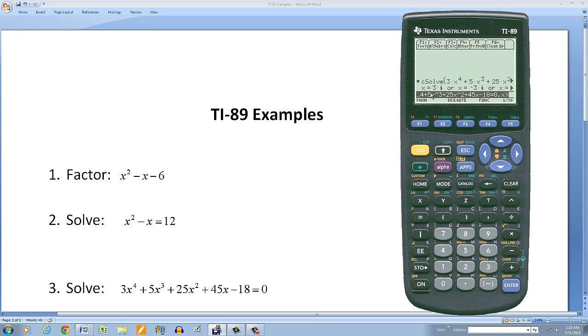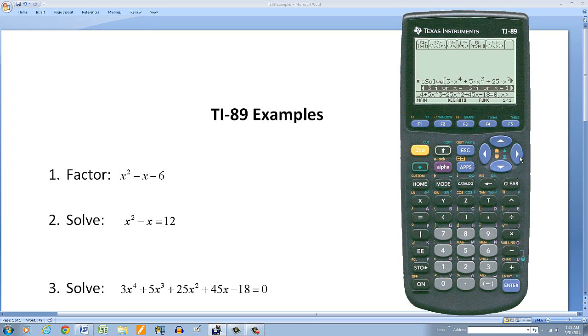It tells me it's fourth degree, so you would expect at most 4 solutions. Some of them could be repeated, but it's possible that you would have 4 distinct solutions because it's fourth degree. So according to this, I have 3i and negative 3i.